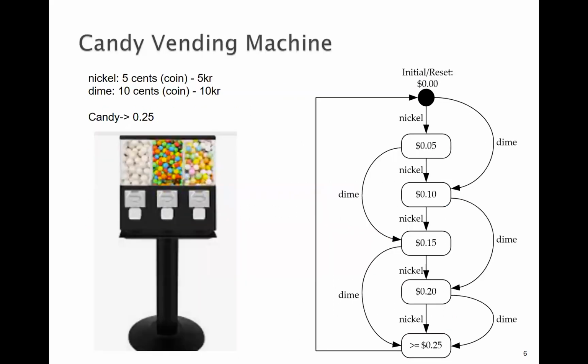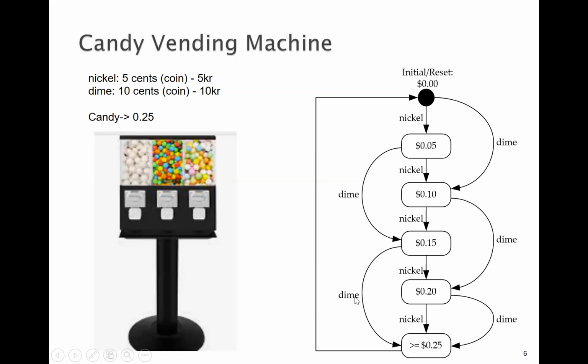Here we have an example. That's a candy vending machine. We may come across it in malls and in other places. We simply deposit some coins, and if we deposit enough to reach the threshold, we simply get a candy. As you can see, there are 5 cents and 10 cents in this candy machine.